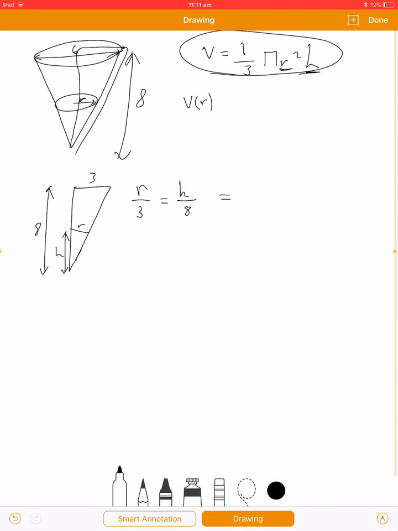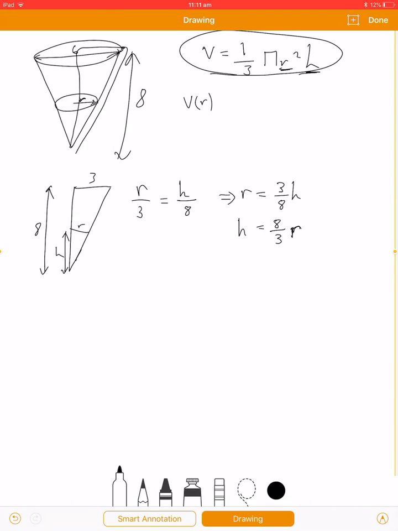From that, we then know that R equals 3H on 8, or 3 over 8 H. And that H equals 8 over 3 R. Beautiful.